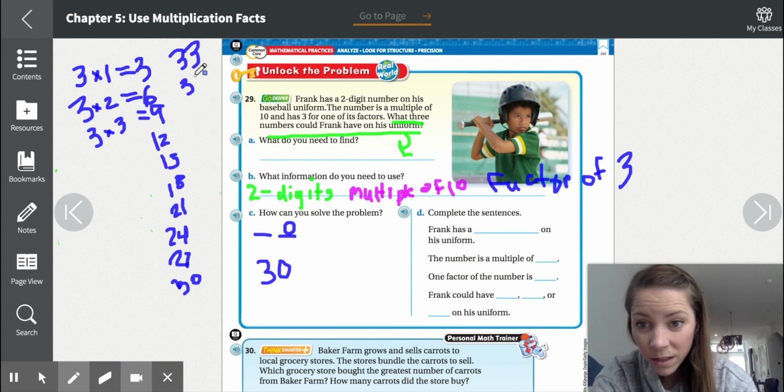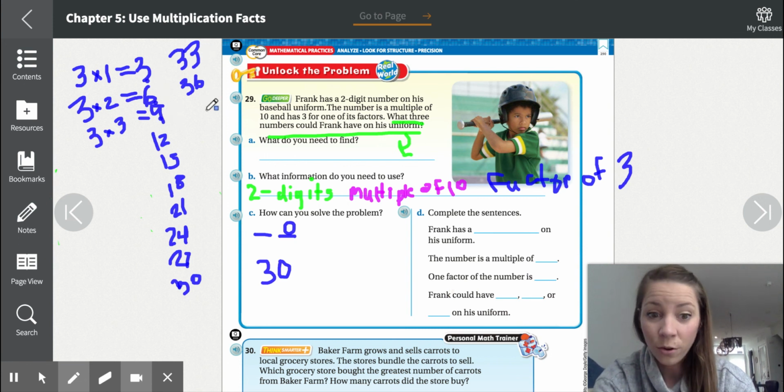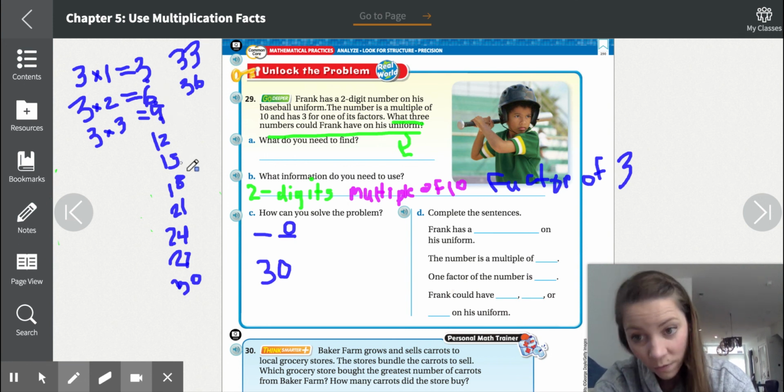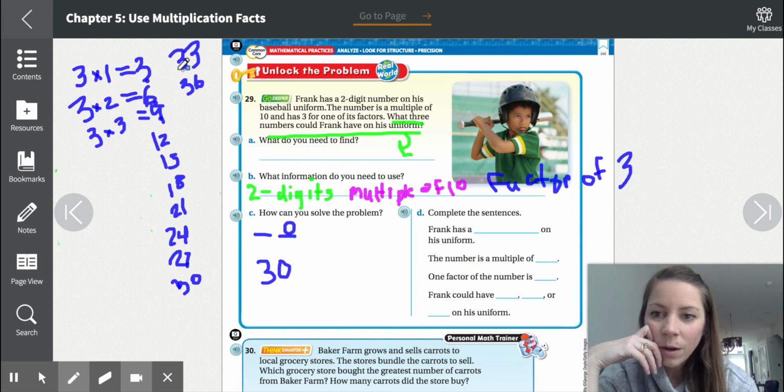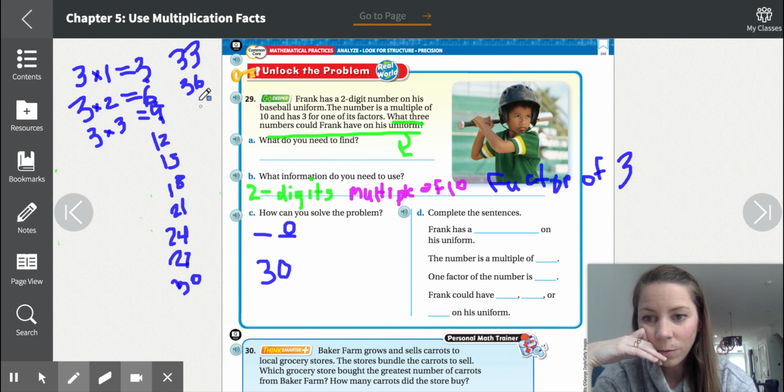So all of these are still going to end with these same digits again. 39, 42, 45, 48, 51. So I think what I'm going to have to do is keep going until I get to this next set of tens, right? 39, 42, 45, 48, 51, 54, 57, 60.